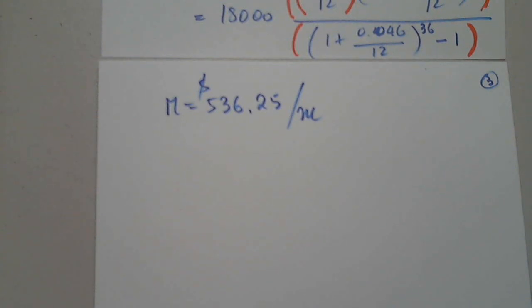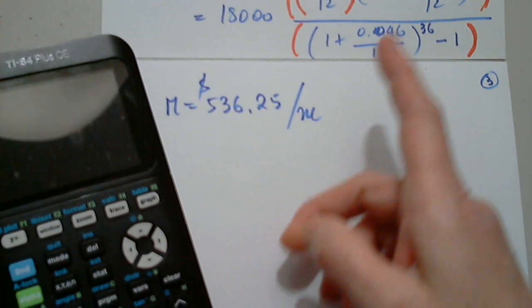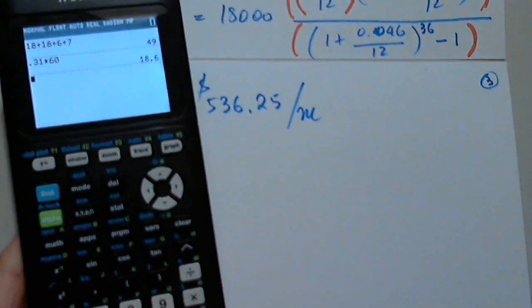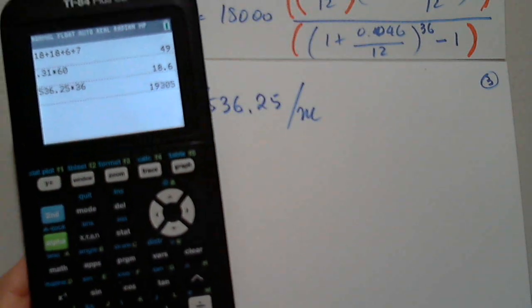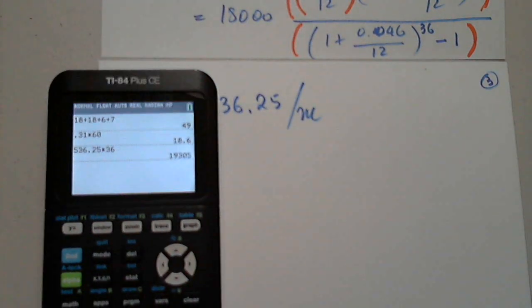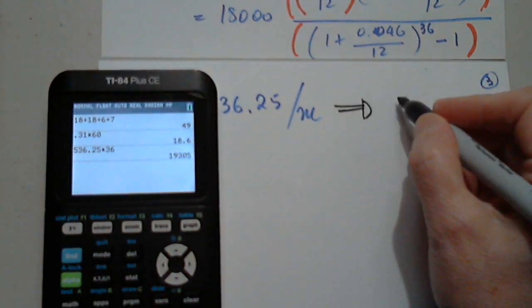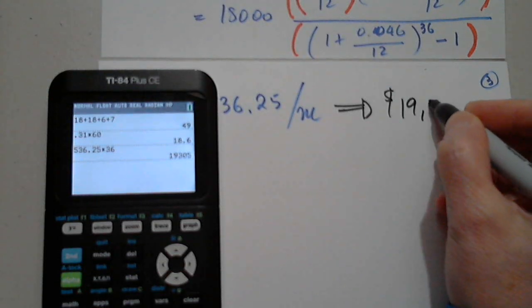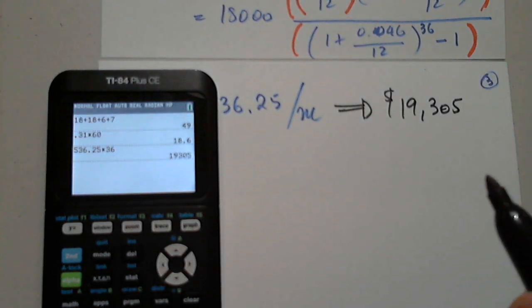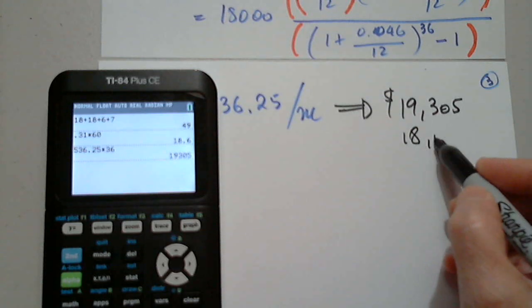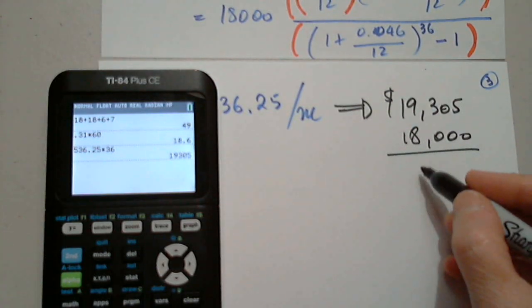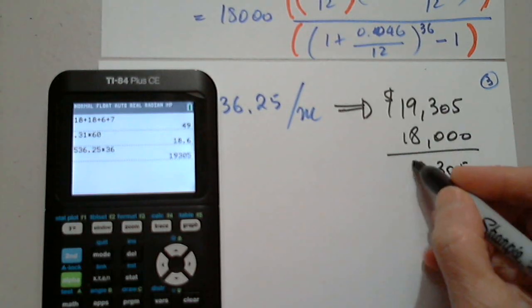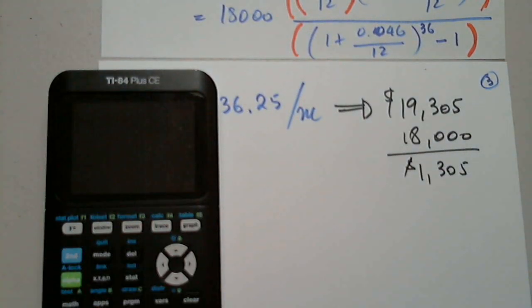If I want to find out how much I'm paying back, I'm going to multiply by 36 months. So if I multiply 536.25 multiplied by 36 months, I'm giving back a total of $19,305. And the loan is $18,000. So I'm basically paying the bank $1,305 for the loan.